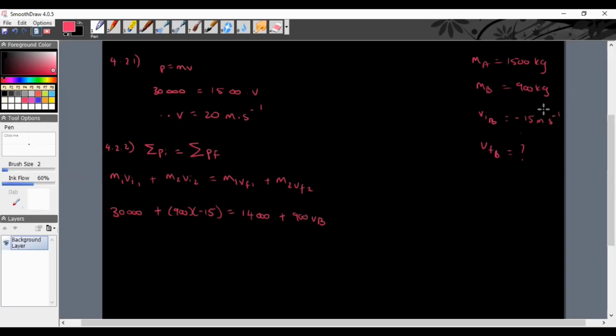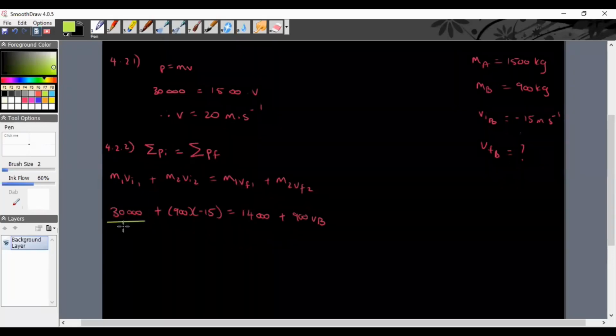So we know nothing momentum-wise about car B, but we know everything momentum-wise of car A. For example, as you would see here, m_A v_i, that's momentum, we found out that was equal to 30,000, the initial momentum of car A. Then the change in momentum happened when car A's momentum went down to 14,000. That's why that's on the vf side. So car A, I've already taken care of.